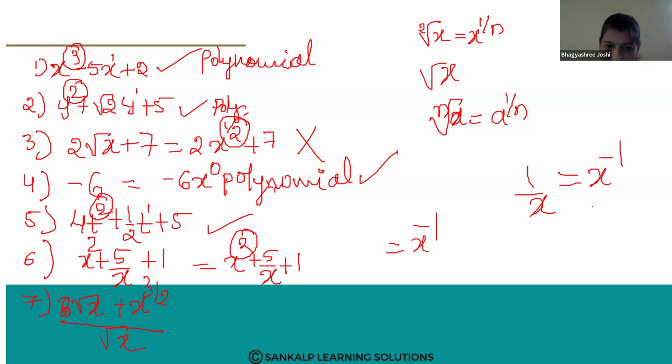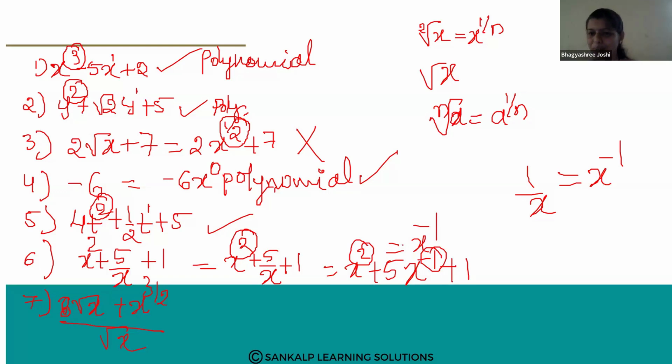That means x square plus 5 into x raised to minus 1 plus 1. Yes or no? Is it correct or no? So here power is 2, here minus 1. 2 is a whole number, but minus 1, is it a whole number?